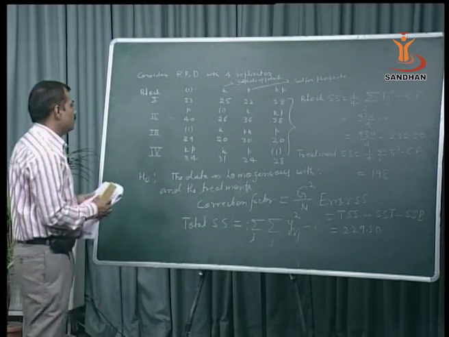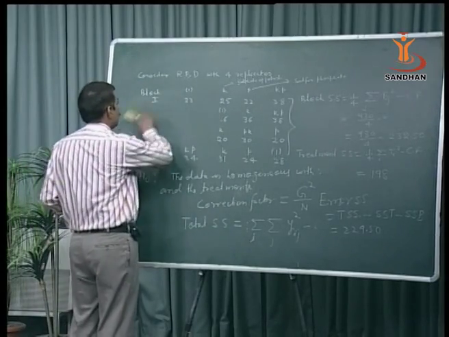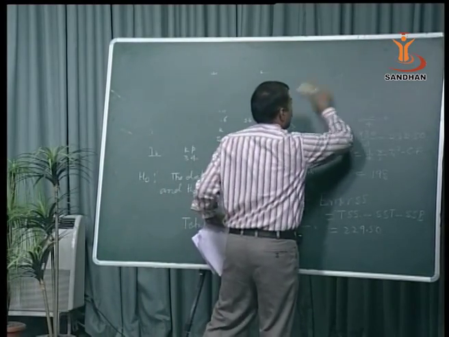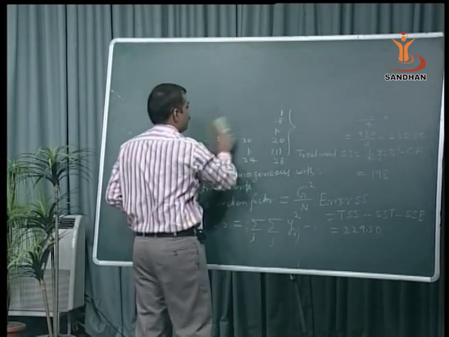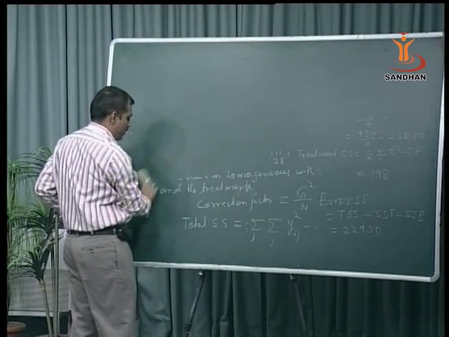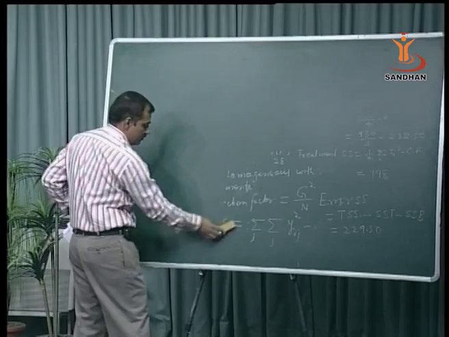By putting these values in the analysis of variance, that is the ANOVA table, and calculating F, we then compare the calculated value of F with the tabulated value.